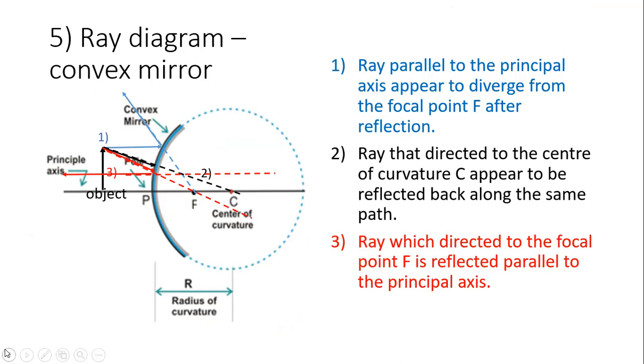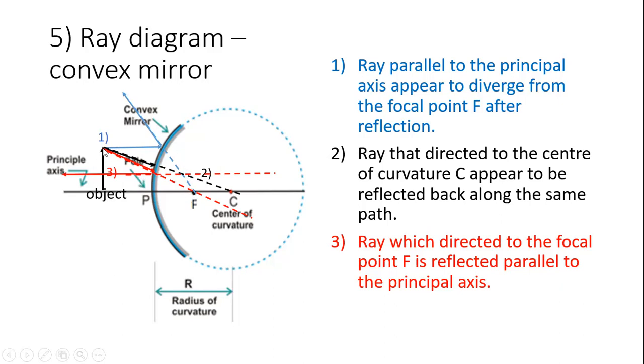So it's diverging from F. The ray parallel to the principal axis, after reflection, appears as if it's coming from F. That's what we call diverge. So it hits parallel first, and then it appears to come from F. It appears to diverge from F.